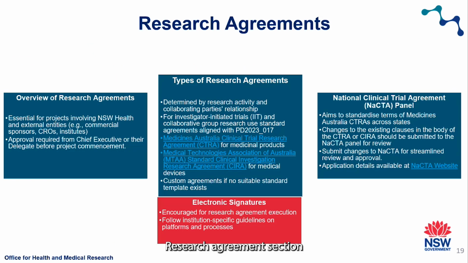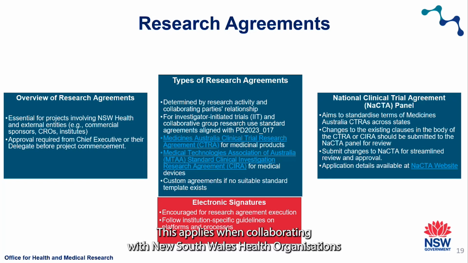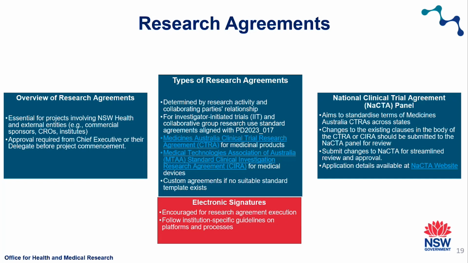Research agreement section speaks about different types of formal research agreement that must be established and approved by the chief executive or their delegate before starting the project. This applies when collaborating with New South Wales health organizations and external entities such as sponsors, ROs, or research institutes. Agreement requirements and types of agreements, it's context dependent, such as it could be CTRA or CIRA, or there could be custom agreements.